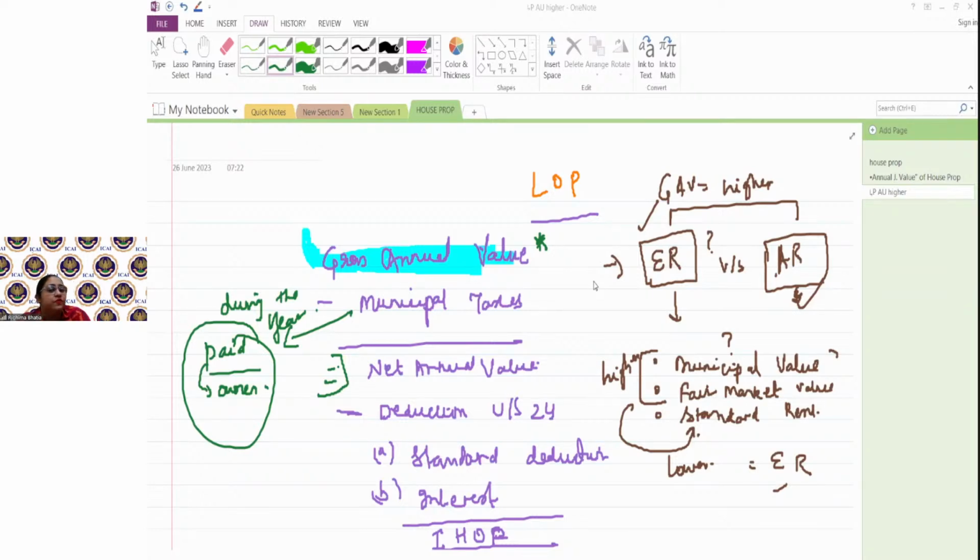Ritik, advance payment of tax in relation to what? As in municipal taxes? Yes. Kushi, I think I have given this pretty clearly, that land is not a house property. A vacant land is not a house property.